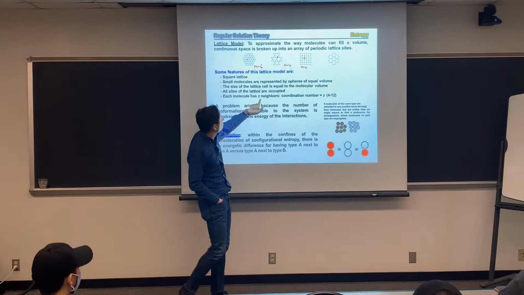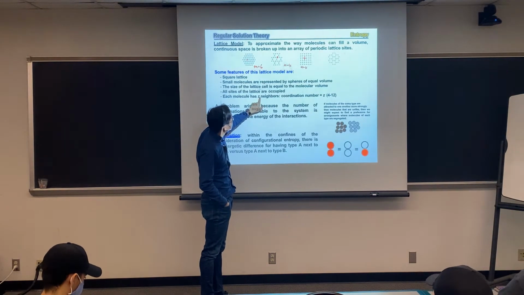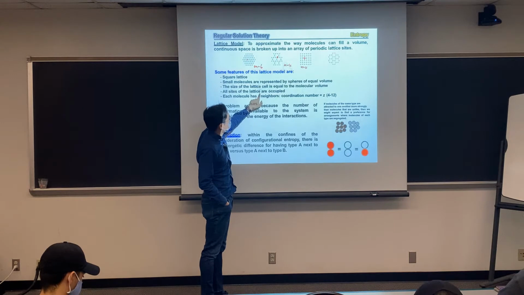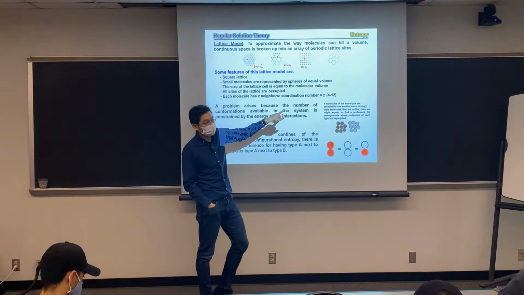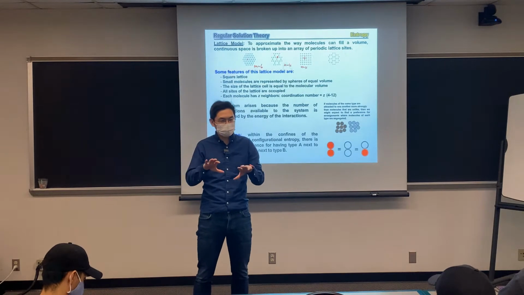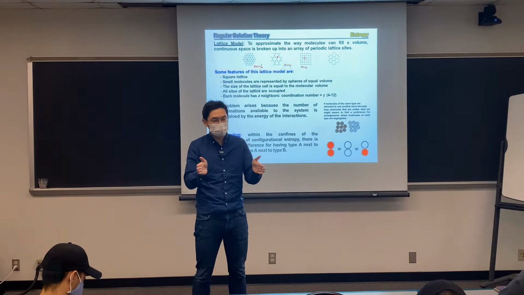Each molecule has a number of closest neighbors. Z represents how many closest neighbors you have. And we only consider short-range interaction. This matters a lot because if I look at this classroom, we are roughly a square packed lattice because everyone is on a grid pattern.